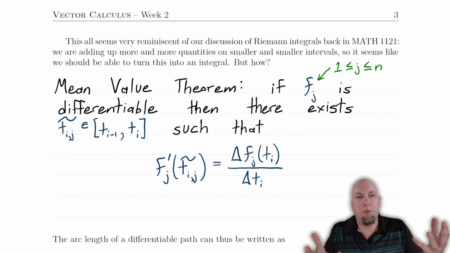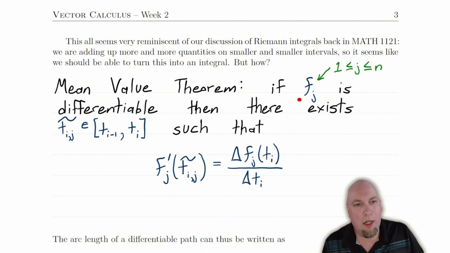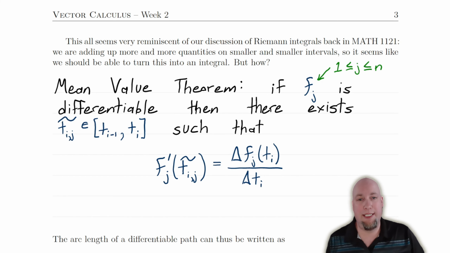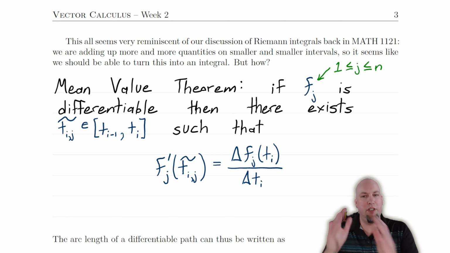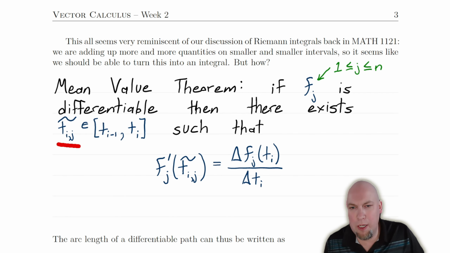Here's what the mean value theorem says, just to remind you. If you focus on any one of the coordinate functions, any fj, the jth coordinate of this path that we're dealing with, if that coordinate is differentiable, then one thing I can conclude is that in each interval from ti minus 1 to ti, there's got to be some point where if I plug that point into the derivative, I get this ratio here.